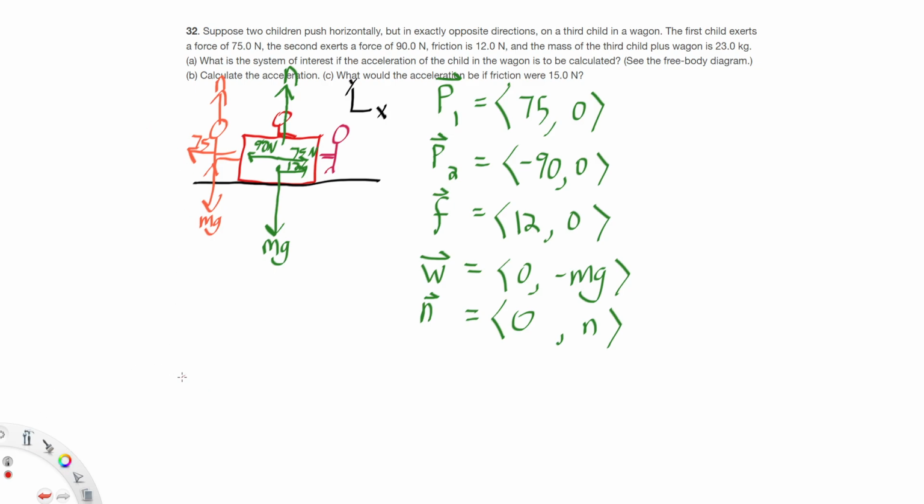Let's draw that out. So here's the bottom of the wagon. Here's the kid sitting on it. There's going to be, on the kid, a weight going down, and this is the mass of the kid.